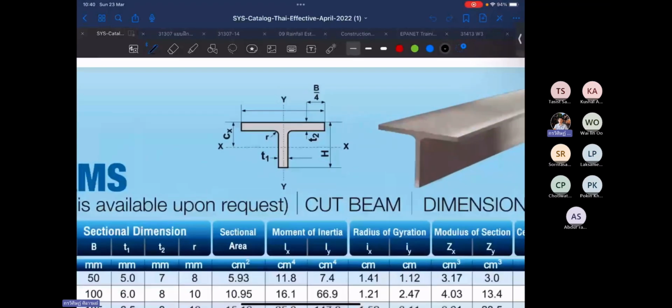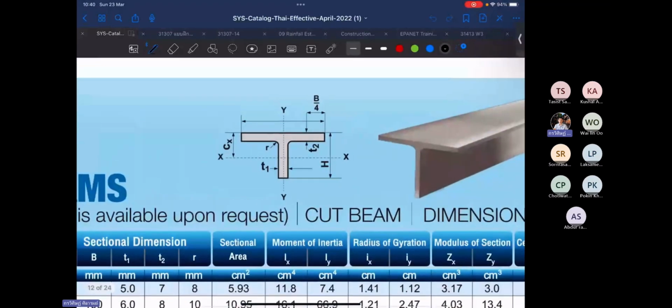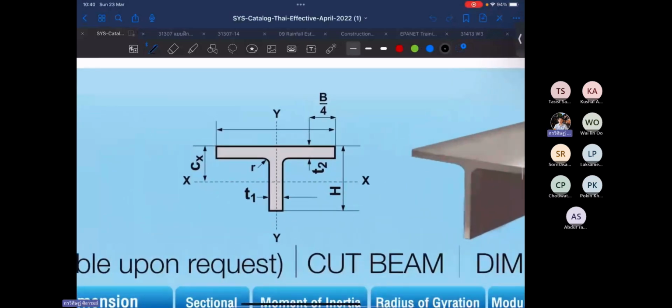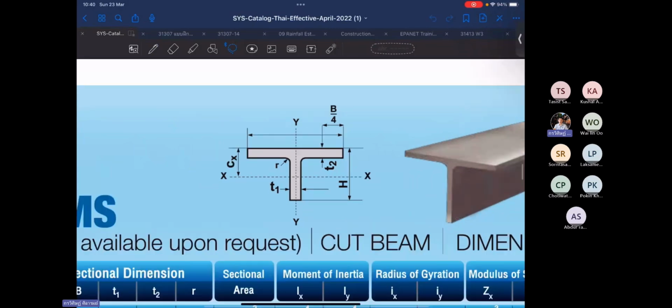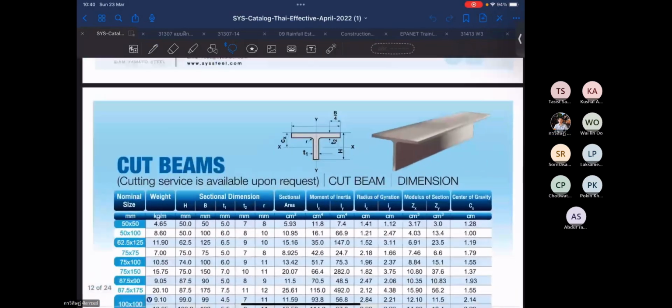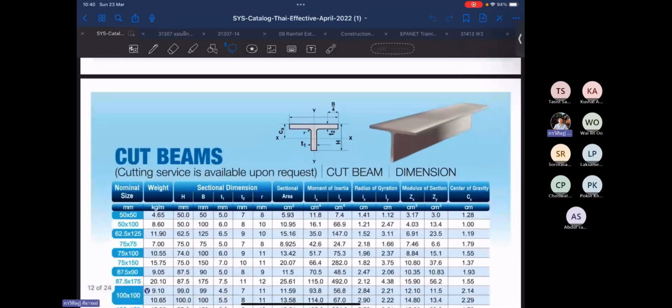So easy for us. Let's calculate this cut beam.